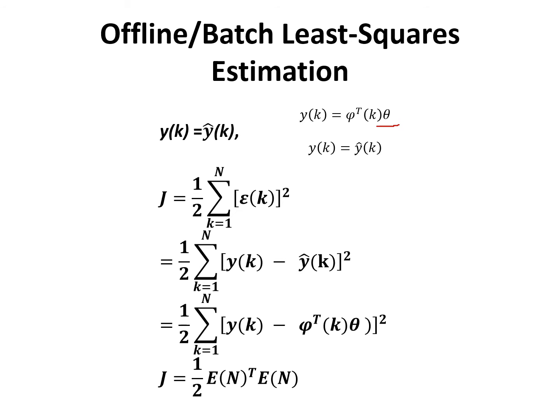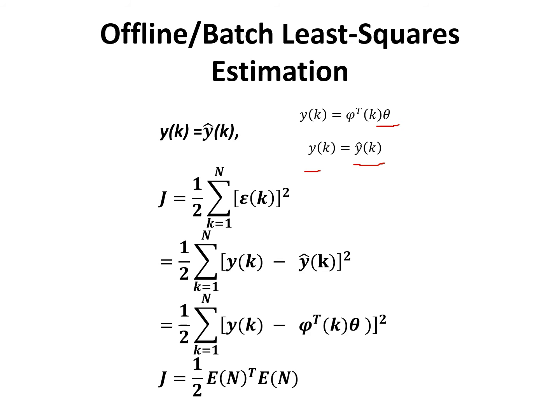Theta is determined such that the output calculated from the right hand side of this equation, Y hat k equal to phi transpose k theta, matches as closely as possible with the measured Yk in the sense of the least square.